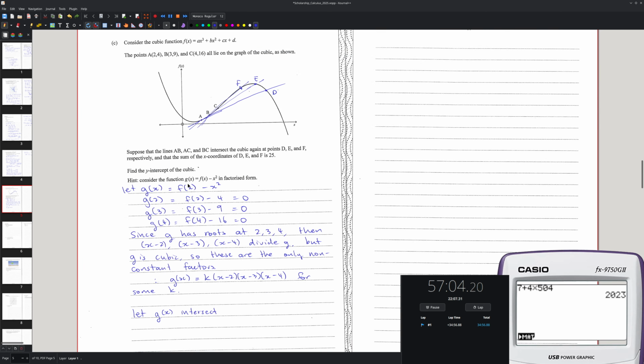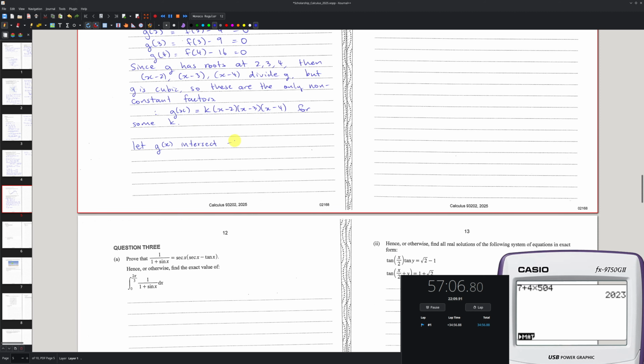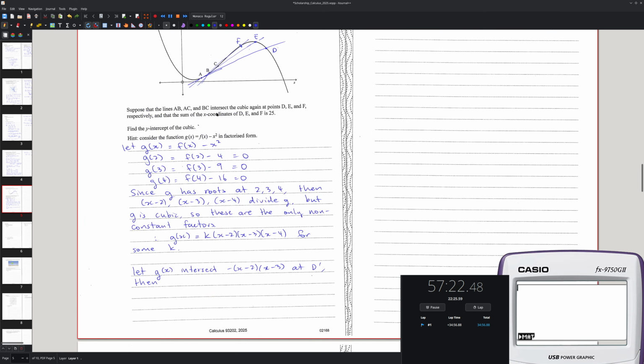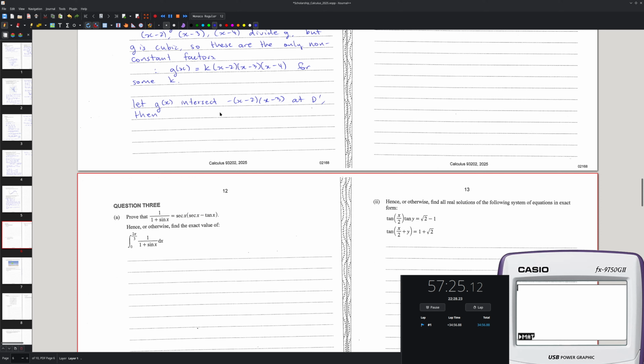It would be negative x minus 2, x minus 3 at D prime, then D prime, then this is the line AB shifted downwards by x squared. Is it not?